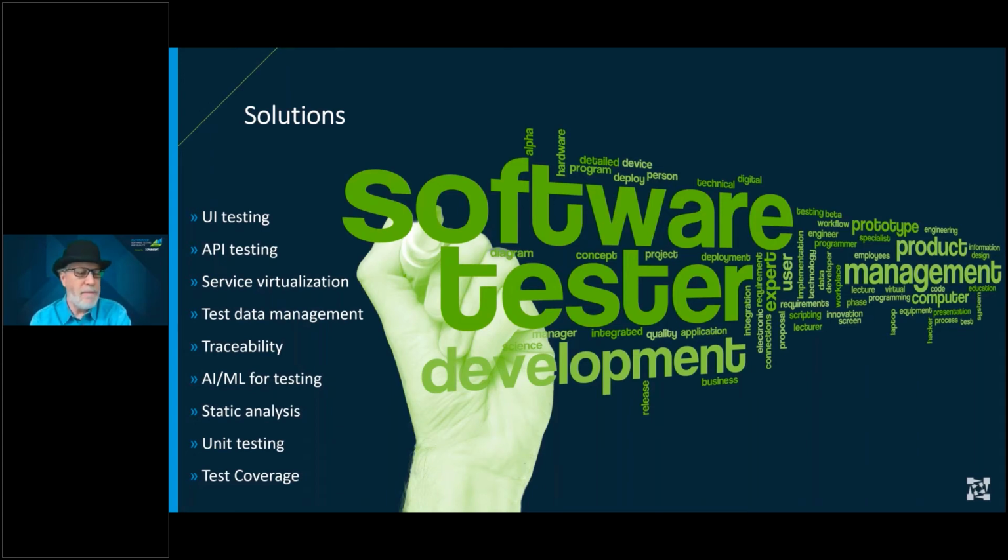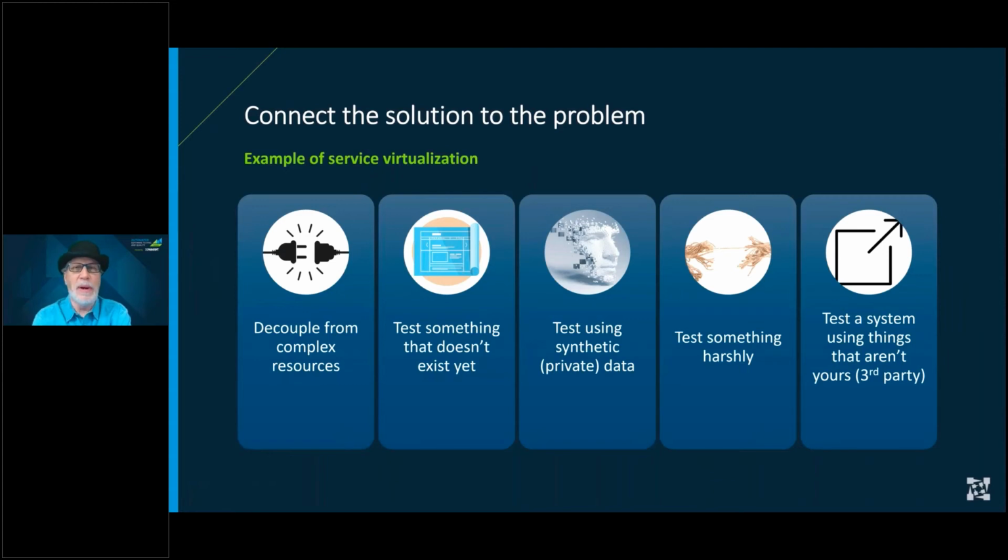But I found that it's interesting because real people solving real problems aren't really looking for API testing or UI testing. What we're really looking for is a solution to the problem. And so our speakers today are going to talk about what challenges they've faced and what technology they applied to address the problem, rather than let's talk about the technology in an abstract way.